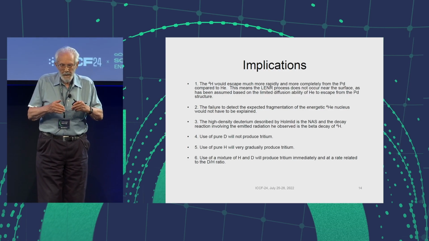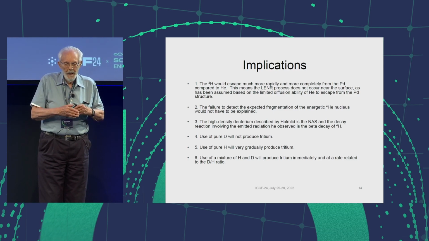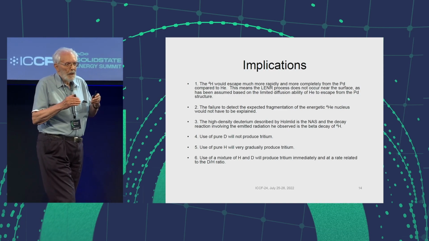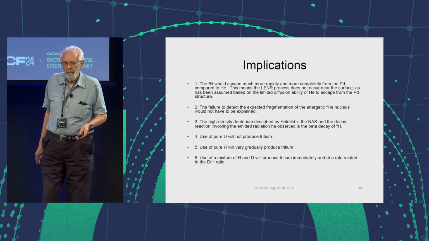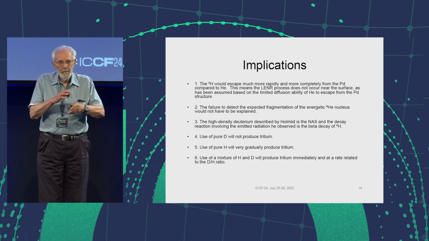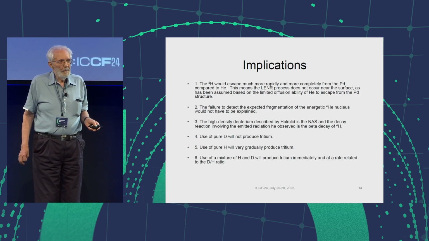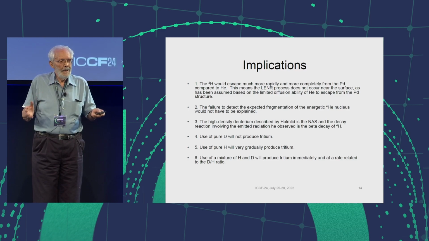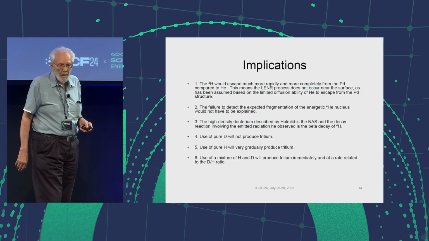I mean, the true surface is different than the interior, but once you go in a few microns, it's identical to the rest of the sample. So why should the reaction be favored just in that region? It just didn't make any sense. If you accept the idea of hydrogen-4, you can see that problem goes away because the hydrogen-4 diffuses very readily through palladium. And so it could escape very easily before it decayed to helium. So that problem goes away.